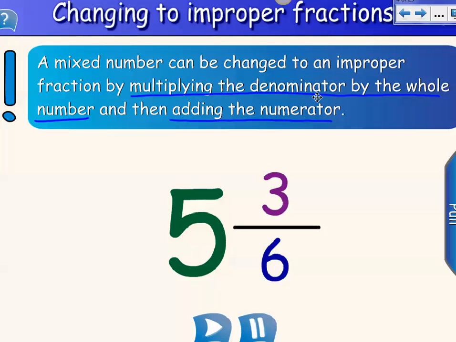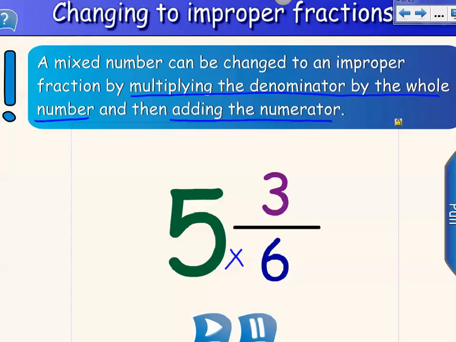If you watch my screen, I have 5 and 3/6, and I'm going to go through the steps of how to change this into an improper fraction. Let's write down 5 and 3/6 on our paper at the top next to where the steps are. We do 5 times 6, the whole number times the denominator.